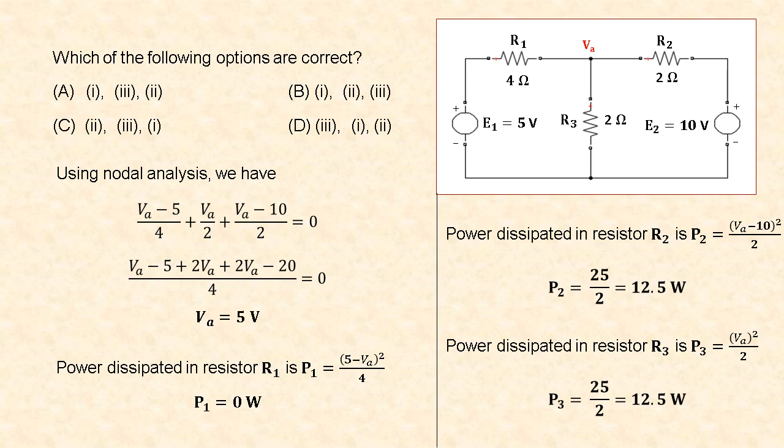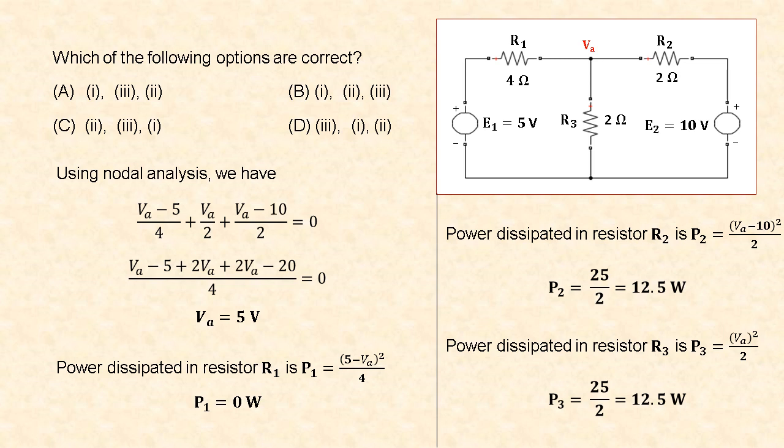The power dissipated in resistor R1, which is P1, is equal to (5 minus VA) whole square by 4, since power is nothing but voltage square by resistance value. Here the voltage is 5 minus VA, the voltage drop across resistor R1, and the R1 value is 4. So we have P1 is equal to 0.